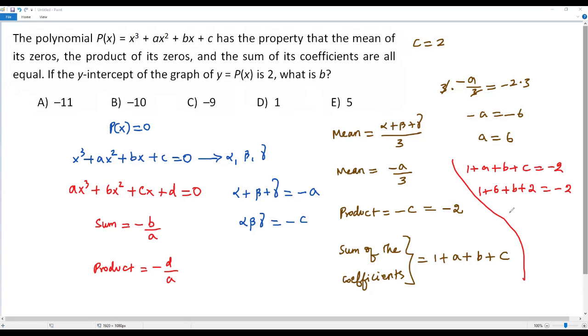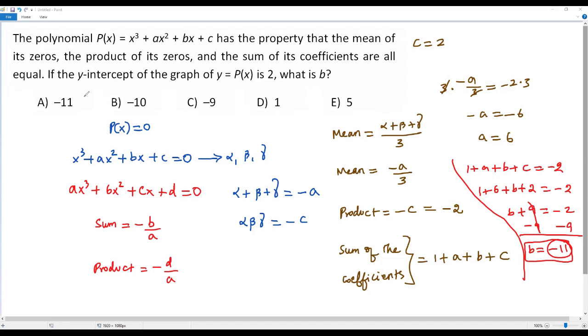First, let's write b. Let's combine the 1, 6, and 2. When I combine them, I get b plus 9 equals negative 2. Subtracting 9 from both sides, the positive 9 and negative 9 cancel out, and I get b on the left side. On the right side, combining negative 2 and negative 9, I get negative 11. Here I got the value of b, it is negative 11.